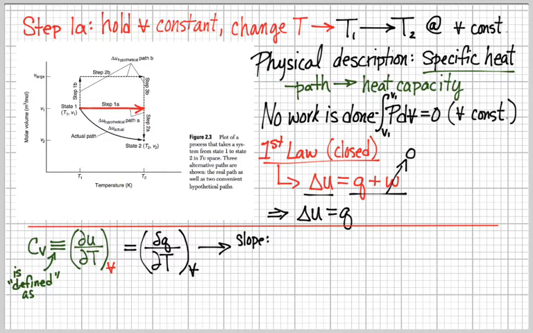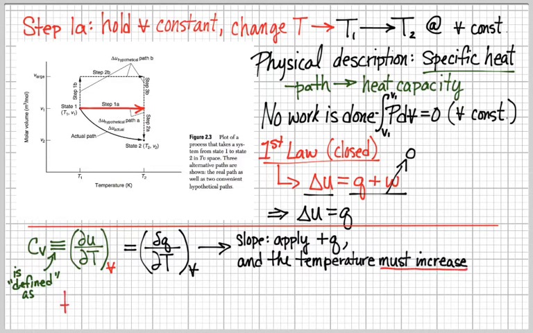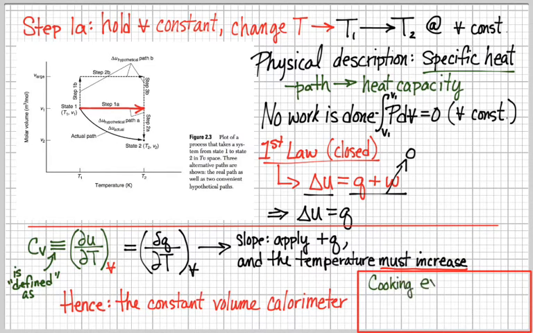And so I've got a dQ/dT that, again, in this case where I have a partial change in heat with respect to a partial change in temperature, I'm describing effectively a slope. If I think about slope, and I have a positive Q value, then as I apply energy into the system, the temperature must increase.